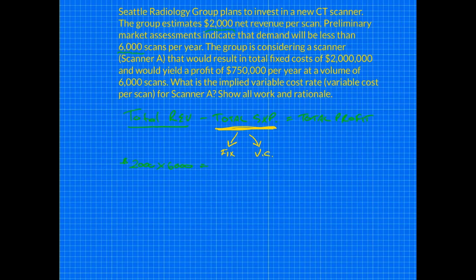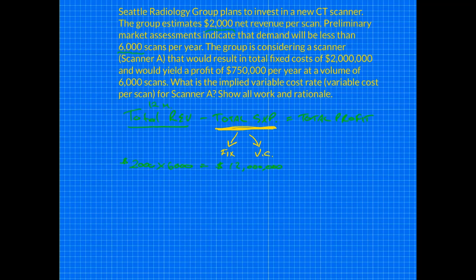You can do that in your head, actually. It will be $12 million. Great. So we're building our equation here. We now know what total revenue is at 12 million.